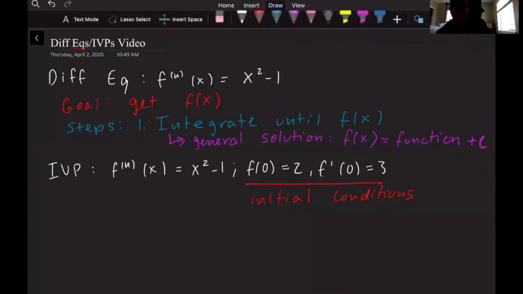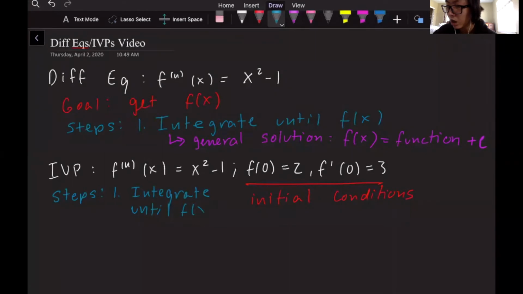So when we solve an IVP, our steps, first we have to solve for the general solution, right? So the way that we solve for the general solution is we have to solve the differential equation. So basically we have to first integrate until we get f of x, just like we do for a differential equation, right? So this is going to give us our general solution.